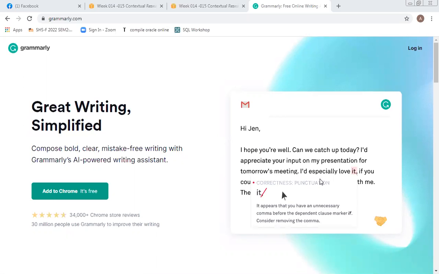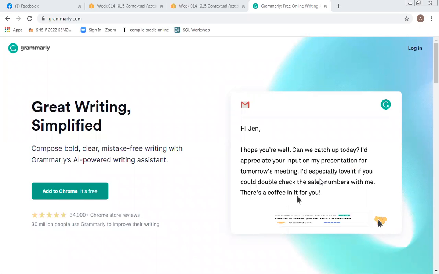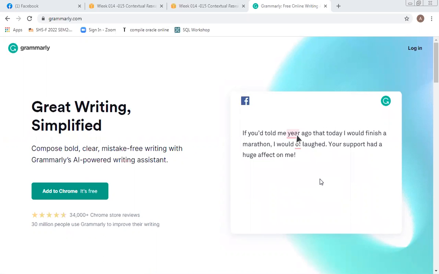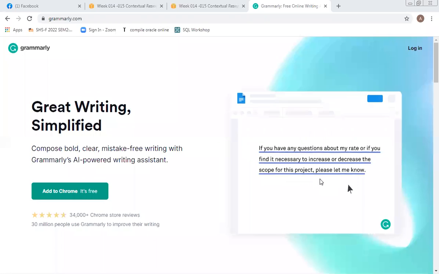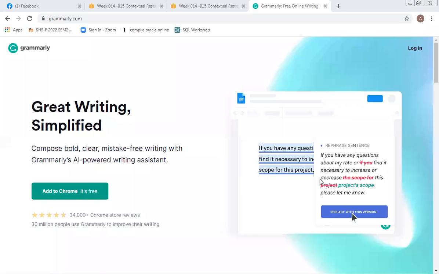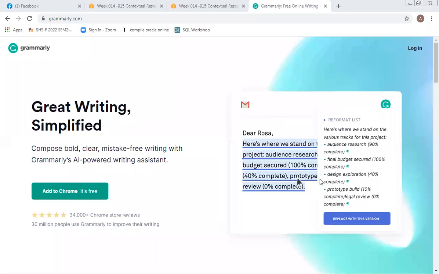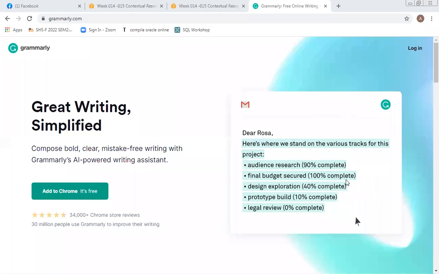Ayan. So, kaya niyang i-analyze. Kayang i-analyze ng Grammarly yung essay mo. Or your research paper. Kaya niyang i-correct, kaya niyang i-improve. But of course, it is a computer. Hindi naman siya tao. May limitations ang computer.